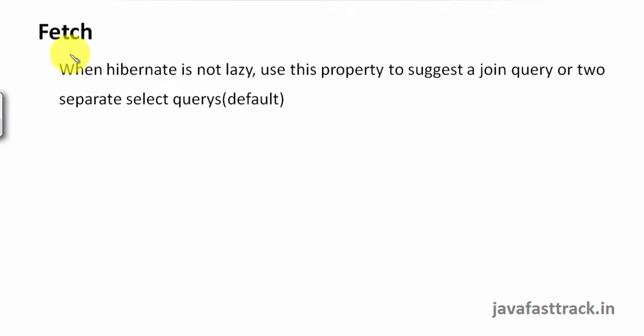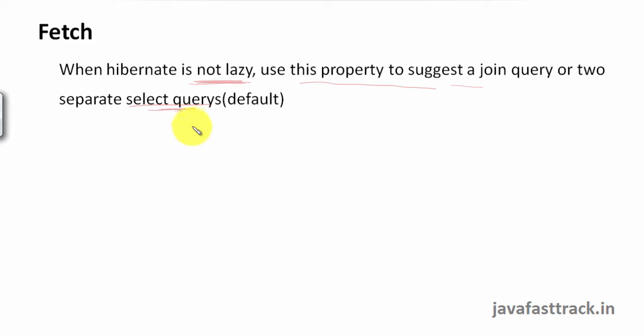Fetch is the simplest property among the four properties I told. Use this property only when Hibernate is not lazy, to suggest a join query or separate select queries.